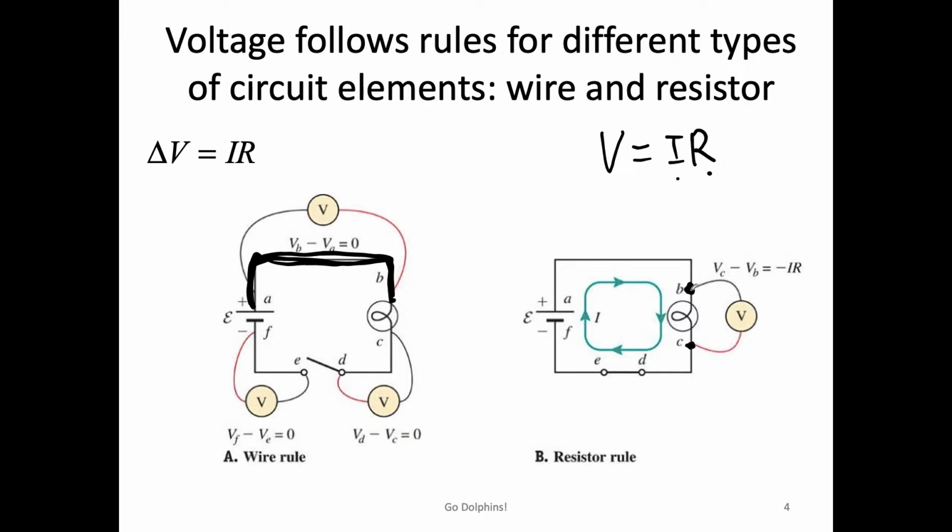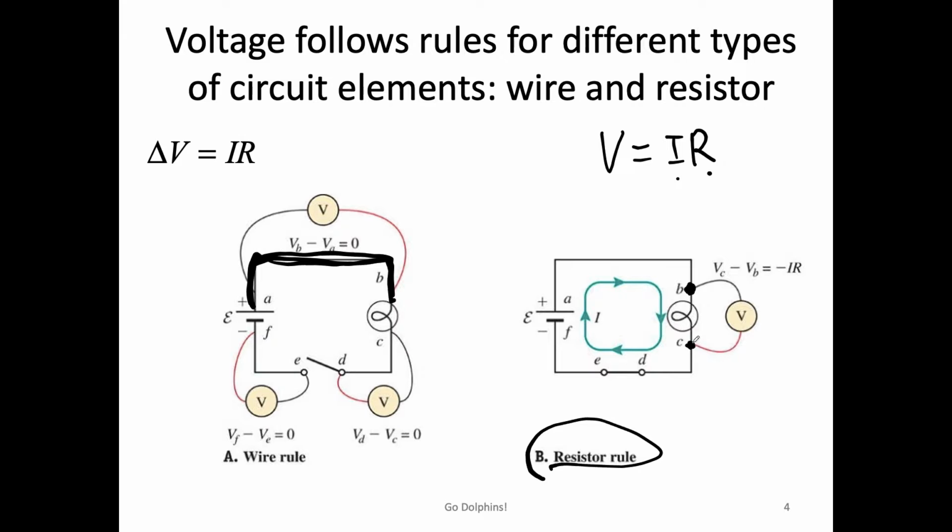Make sure that when you use Ohm's law, V equals IR, which is also the resistor rule, you understand that the potential V is the potential difference over the two ends of this resistor.